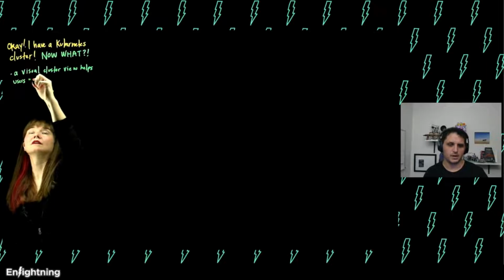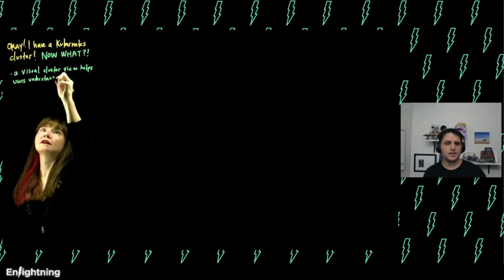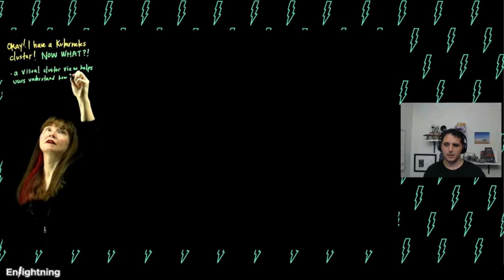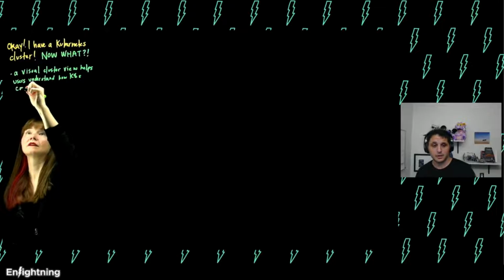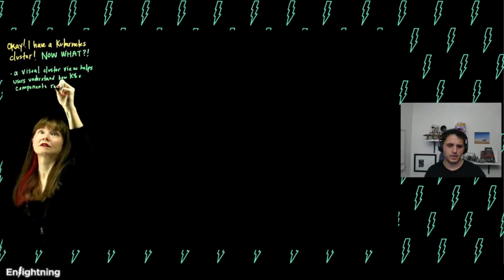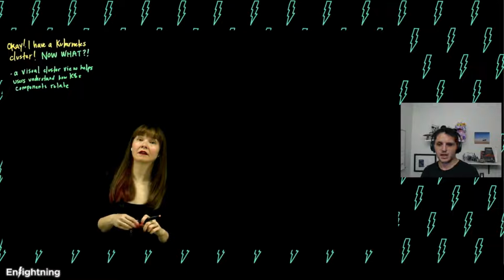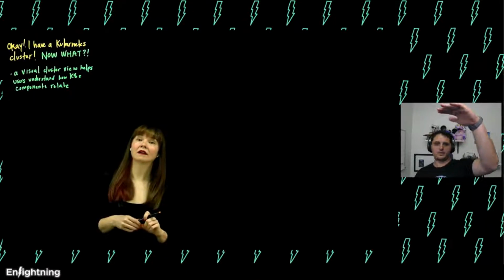I need to figure out what it is. How can I know very quickly if my nodes are all online? I can do kubectl get nodes and then maybe I'm a JSON wizard and I can pipe it into jq and that'll format everything the way I want. But I can also log into the dashboard, click on the nodes and see, oh, look, half my nodes are in red status.